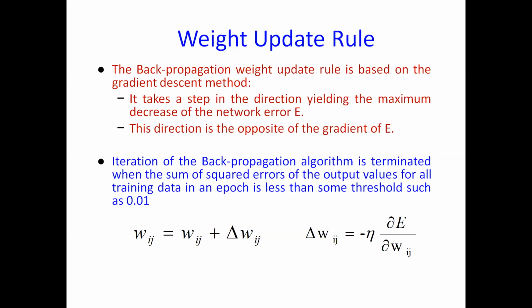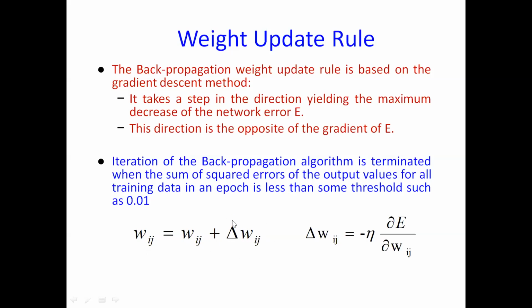The iteration of the backpropagation algorithm is terminated when the sum of squared errors of the output values for all training data in an epoch, or a training session, is less than some threshold value, like 0.01. So we can update our weight Wij as Wij equals Wij plus del Wij.